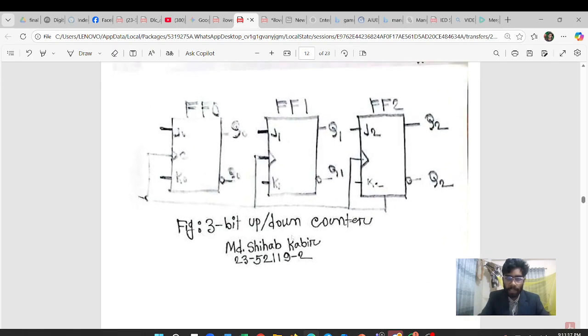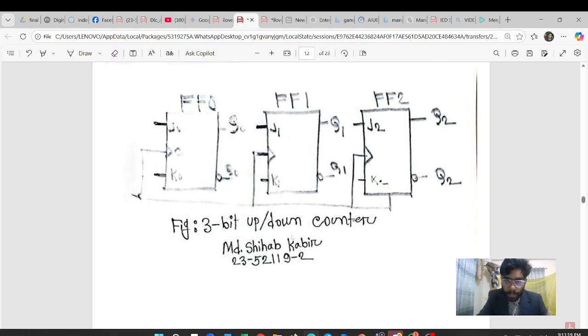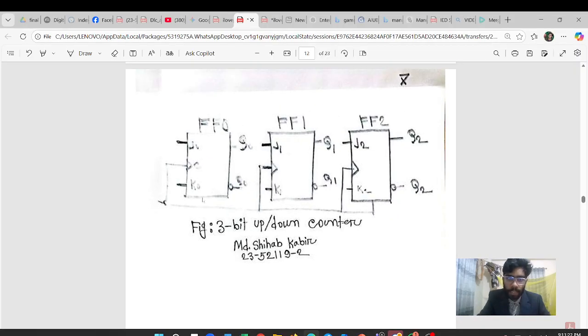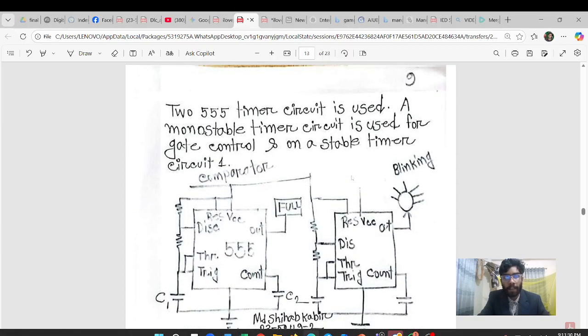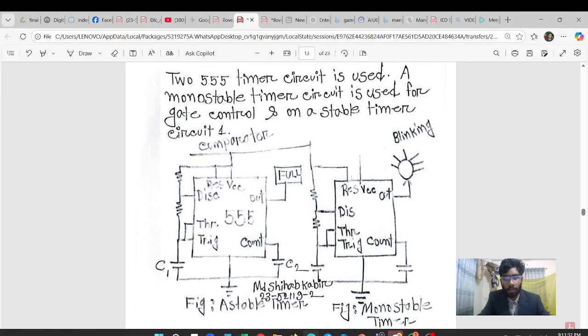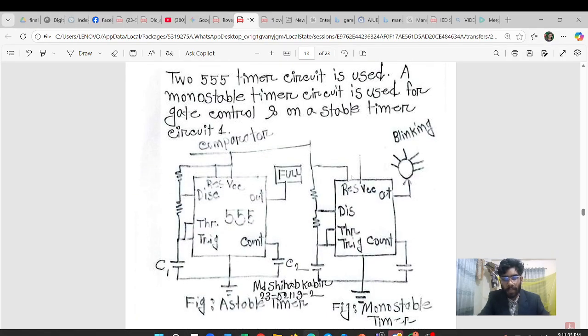Okay, here I am trying to show a synchronous 3-bit up-down counter. Here we see two circuits, one astable and another monostable. The monostable timer we use for gate control, and the astable timer we use for blinking, and it is a simple process.